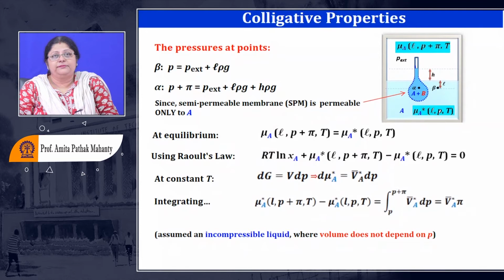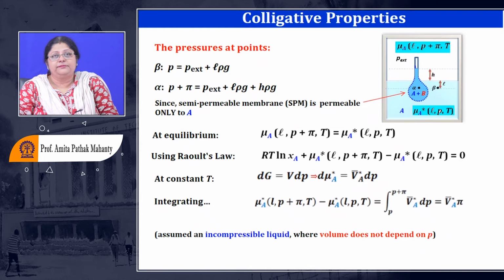Now we define the condition for delta G. Mu is delta G per mole. So what is the condition of delta G at constant temperature? If you remember the fundamental equation, if the temperature is held constant, then the change in G is nothing but the volume into the change in pressure, because the minus S dT term is going to cancel off, since temperature is constant and the change in T will be equal to 0.